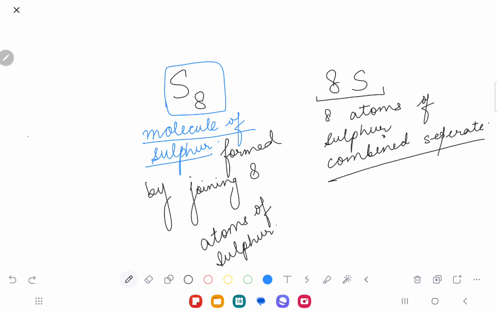Now, I hope you're understanding what a molecule is. When I say CO2, CO2 is a molecule of carbon dioxide. A molecule of carbon dioxide means that it has one atom of carbon and two atoms of oxygen combined together.